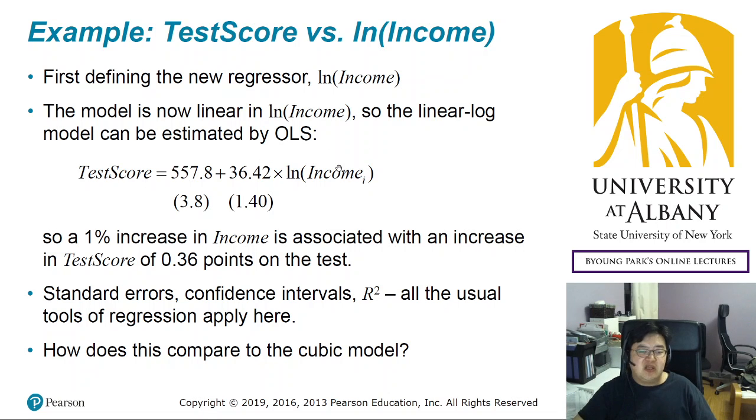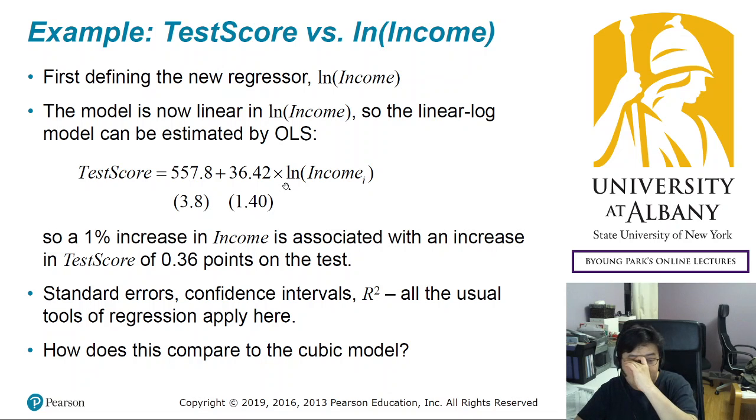That is the interpretation and how we use this model. And then the interpretation is, so log income, the coefficient is 36. Then this means when your income doubles, test score increases by 42 points. Or when your income increases by 1%, the test score will increase by 0.3642 points. So that is how we interpret this coefficient.